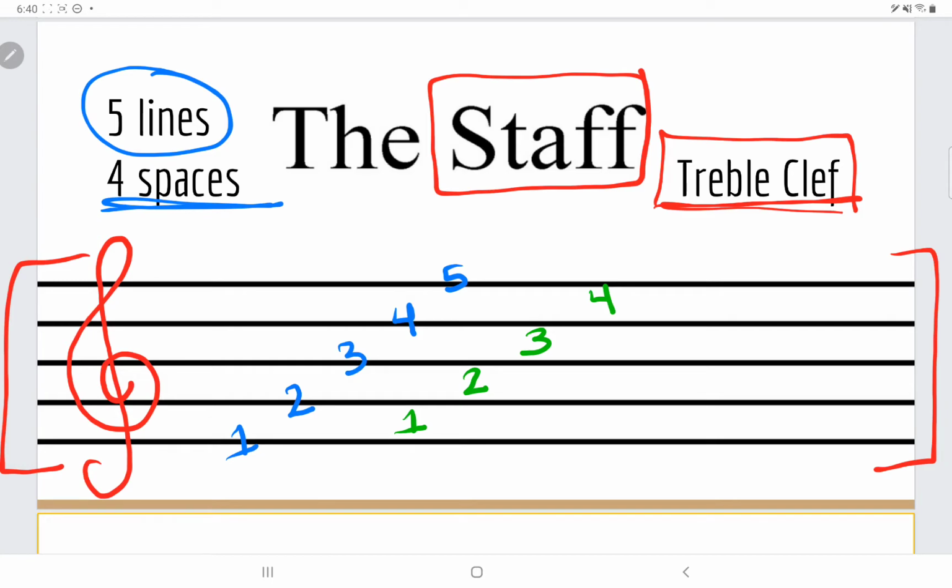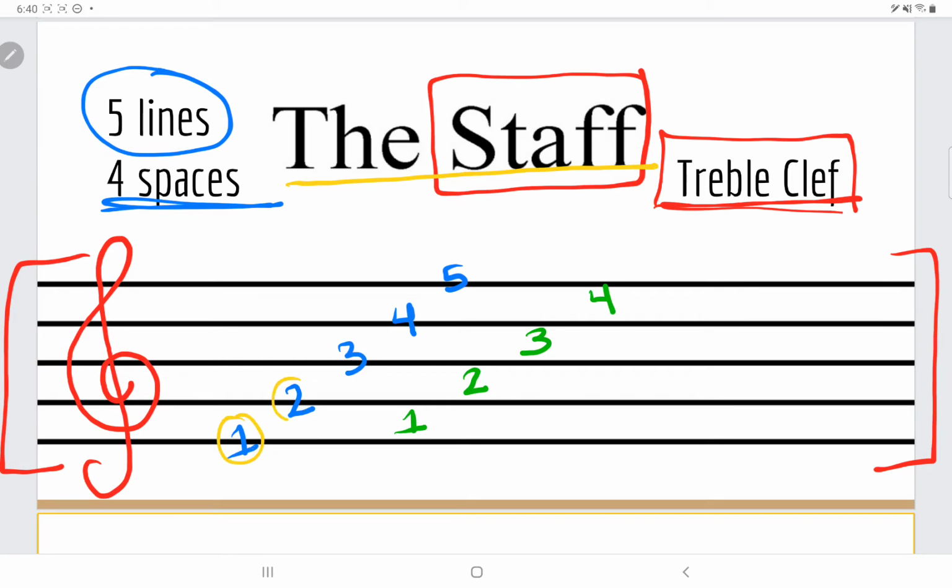So scholars, now what I want you to do is go ahead and pause the video. I want you to write down everything that I put in yellow. So I want you to write the staff at the top of your page. I want you to write 5 even lines just like I did. I want you to count them just like I did.